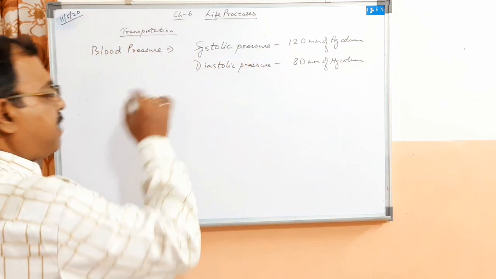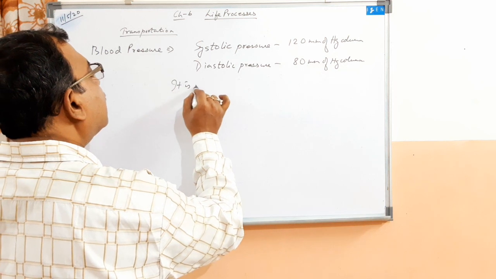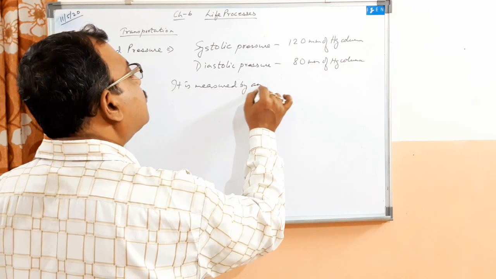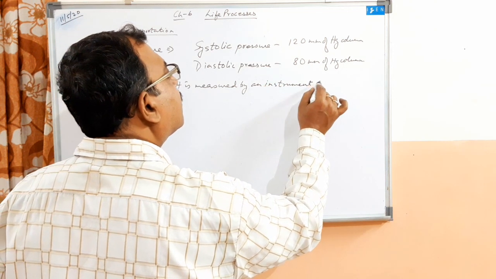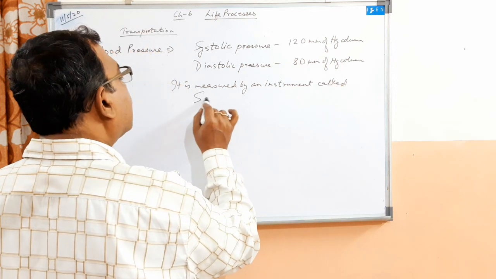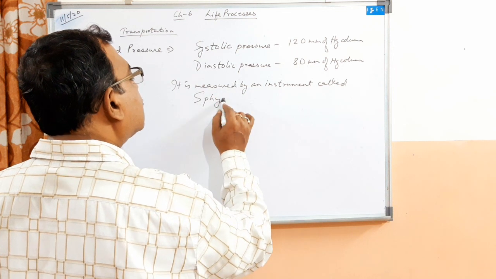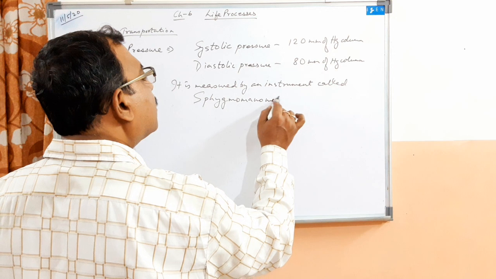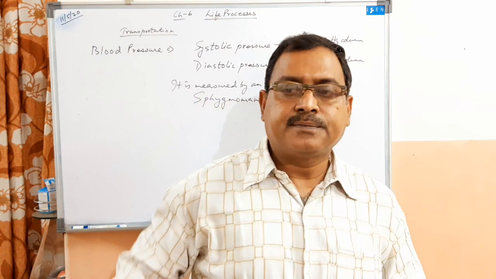Blood pressure in man is measured by an instrument called sphygmomanometer, right?